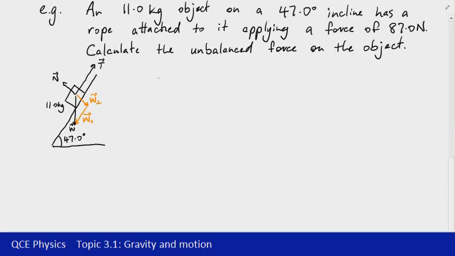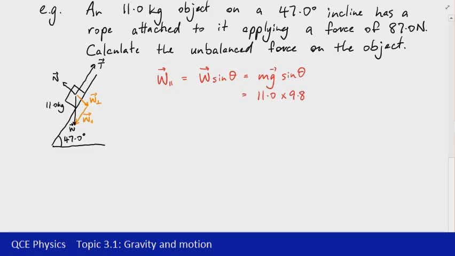If we then go through and solve this scenario, the first thing in most cases is just to figure out that parallel component. So W parallel is going to be equal to W sine theta, which is equal to mg sine theta. Substituting into that, we would have that the mass is 11.0, the acceleration due to gravity is 9.8.